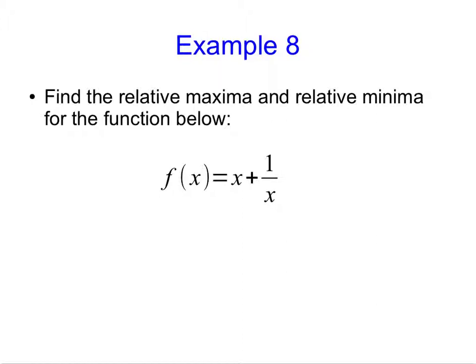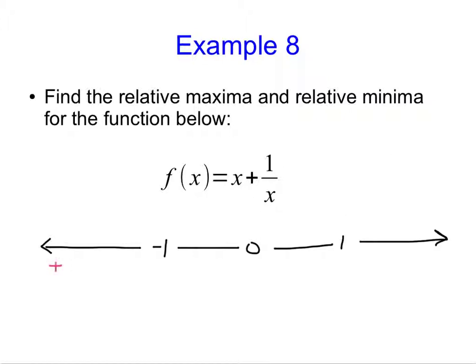Finally, let's revisit that function, x plus 1 over x. Our sign diagram, I guess I'll make this one, let me erase that. Our sign diagram had 3 critical points, -1, 0, and 1. So we had 4 intervals to look at.